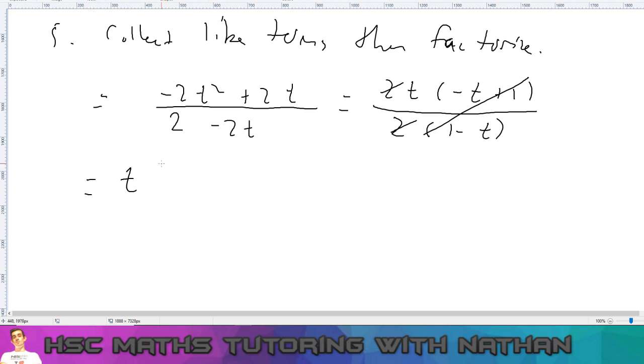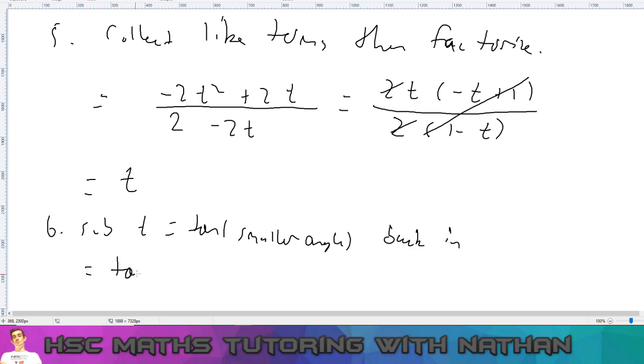Now at this stage, once you've simplified your fraction as much as possible, you sub t equals tan of the smaller angle back in. So then that equals tan theta, which equals the right hand side. Now some questions you won't actually sub this back in because the question won't want the answer as tan, they'll want the answer as cos.